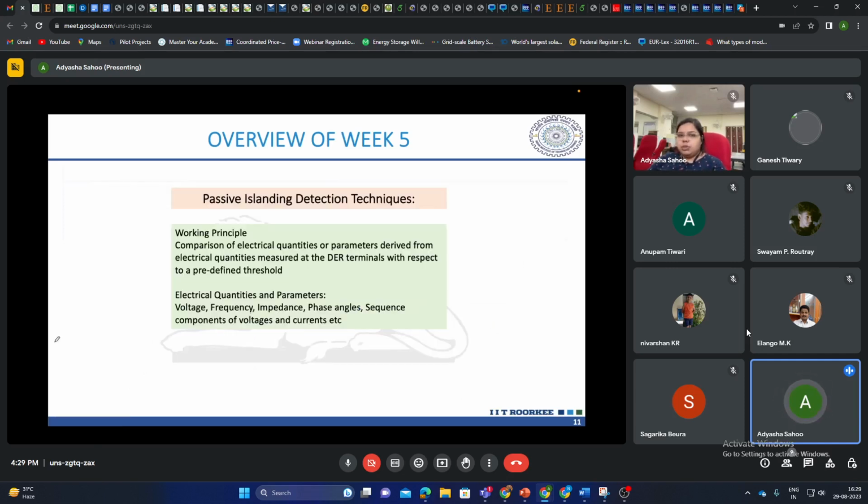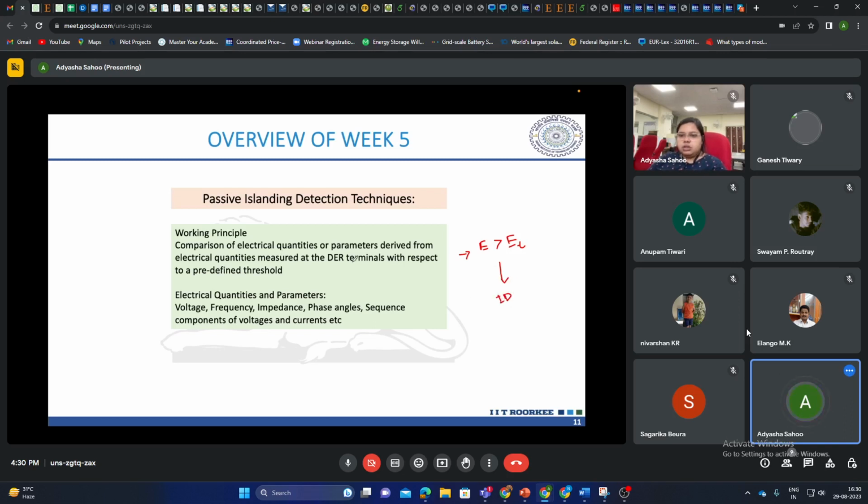Basically, all the passive detection techniques continuously monitor the different parameters of the grid, voltage, current, and whenever they detect that a certain quantity is greater than its threshold value, they will detect the island.